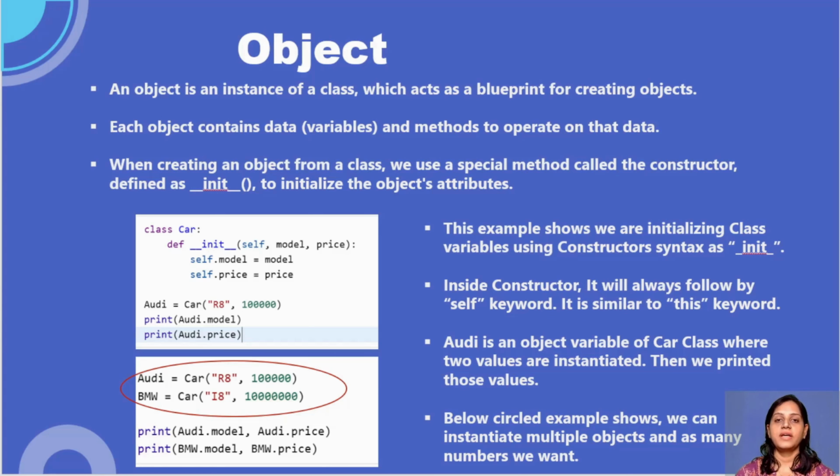When you define or initialize an object, it becomes a part of that class. With the dot operator, you just need to put a dot after the object, and you should be able to fetch all attributes and methods of that class. Each object contains variables and methods to operate on data, like I already mentioned.